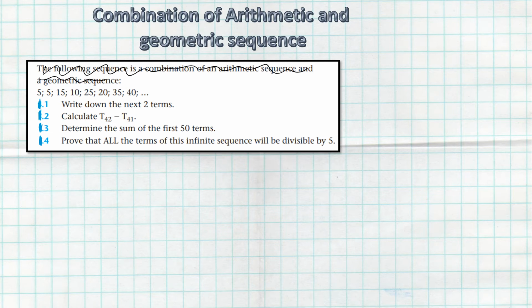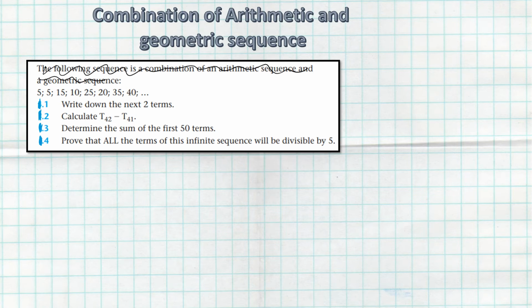T2 divided by T1 must be the same as T3 divided by T2. If it's not the same, then it's not geometric. After you find that it's not arithmetic and not geometric, you look out for quadratic. How do you determine? You calculate the first difference and then the second difference. If your second differences are the same, definitely it's quadratic. But if they are not, definitely not quadratic.